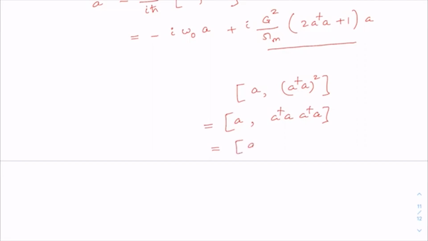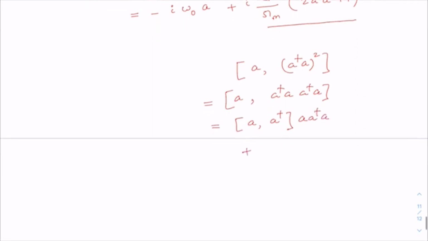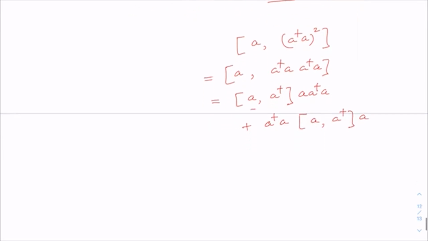I have a dagger a plus a dagger a, and because a a dagger is equal to 1, from here you see I'll get a dagger a plus a dagger a.